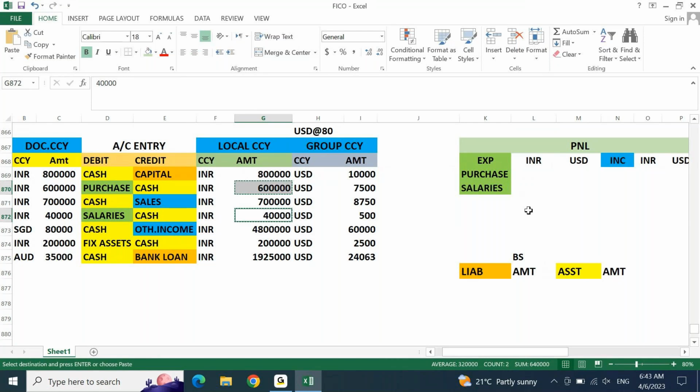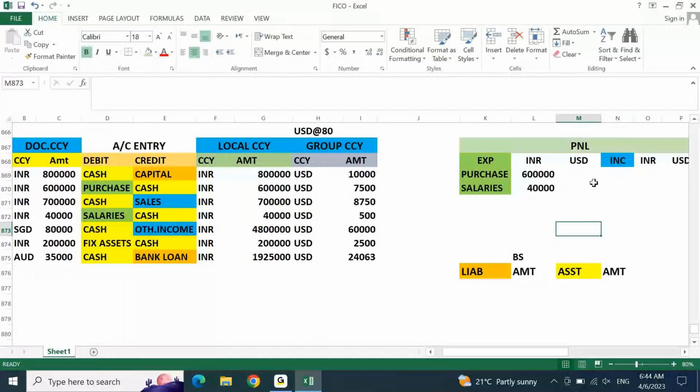I'll copy this value. I'll put this here. Are these correct? Correct. Now similarly, I need the dollar value also. I'll take dollar of purchases, dollars of my salaries. These two values also I'll keep here parallelly.